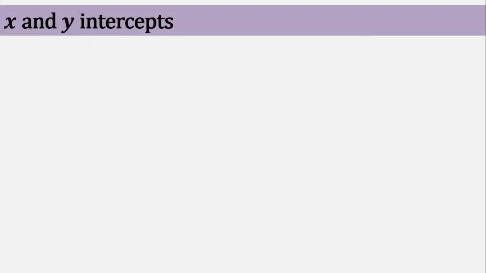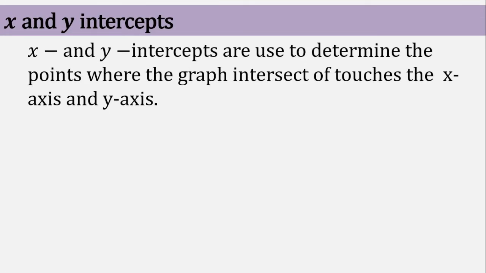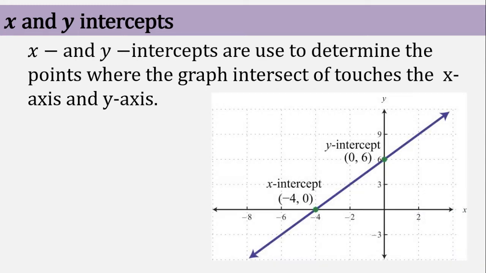Now let's proceed to x and y intercepts. X and y intercepts are used to determine the points where the graph intersects or touches the x-axis and the y-axis. In this illustration, as you can see, this graph touches or intersects the y-axis at point (0, 6) and it intersects the x-axis at point (-4, 0).